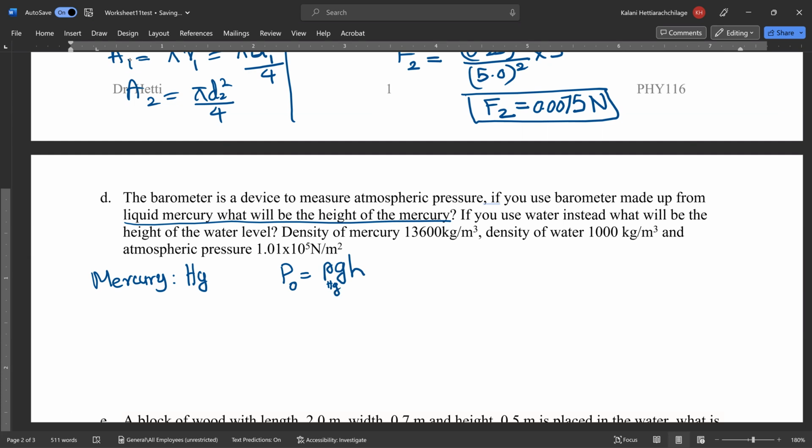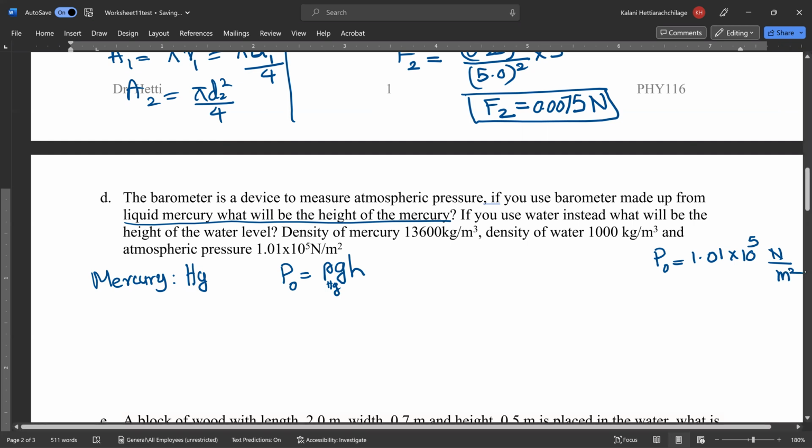So this will measure the atmospheric pressure. Everybody knows what atmospheric pressure is, right? Let's write that information here. P naught is given in the question also, 1.01 times 10 to the power 5 newtons per meter squared. That's the atmospheric pressure. That's what you're going to measure. It should be that value.